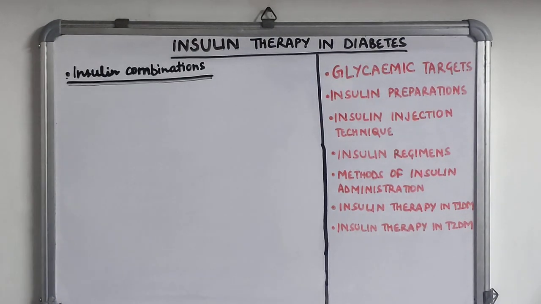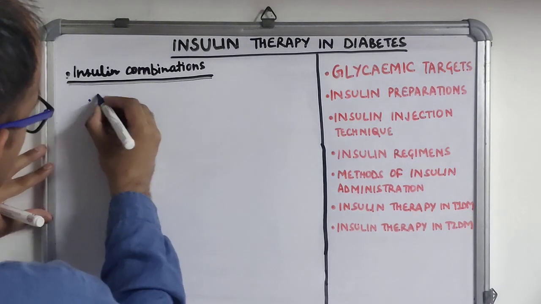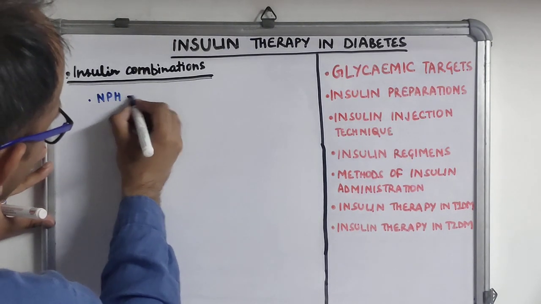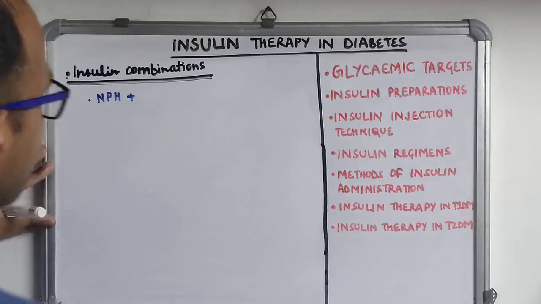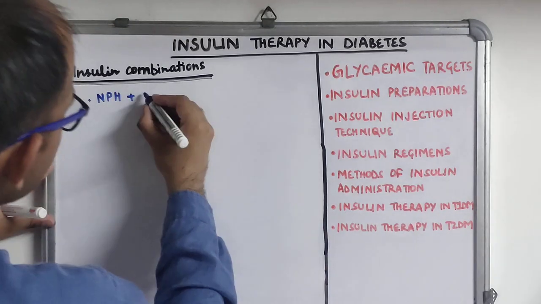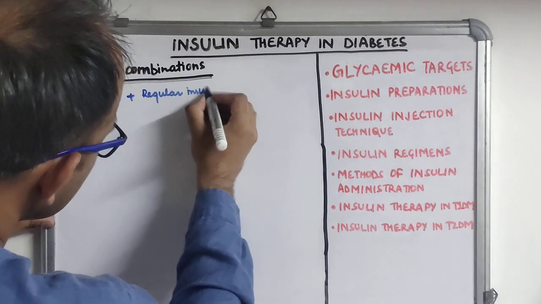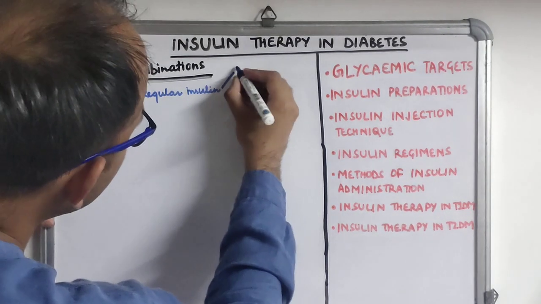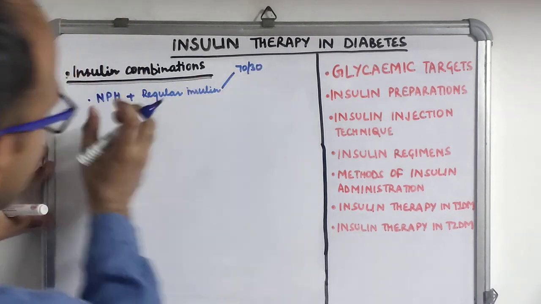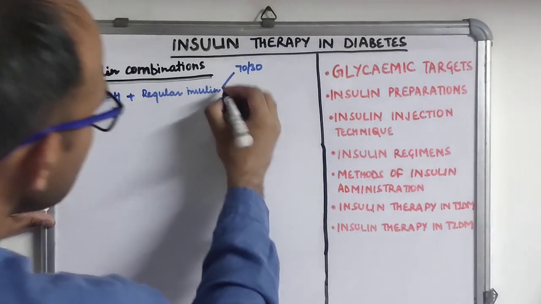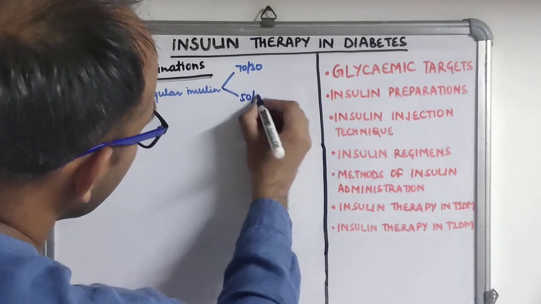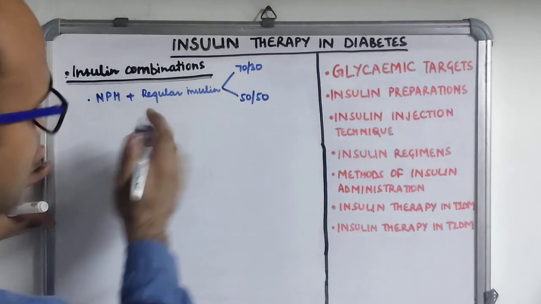Now we'll talk about the insulin combinations. These are pre-mixed insulin combinations. It includes NPH plus regular insulin. It could be in a 70-30 ratio, 70% NPH and 30% regular insulin, or 50-50 ratio. It is also called mixtard insulin.